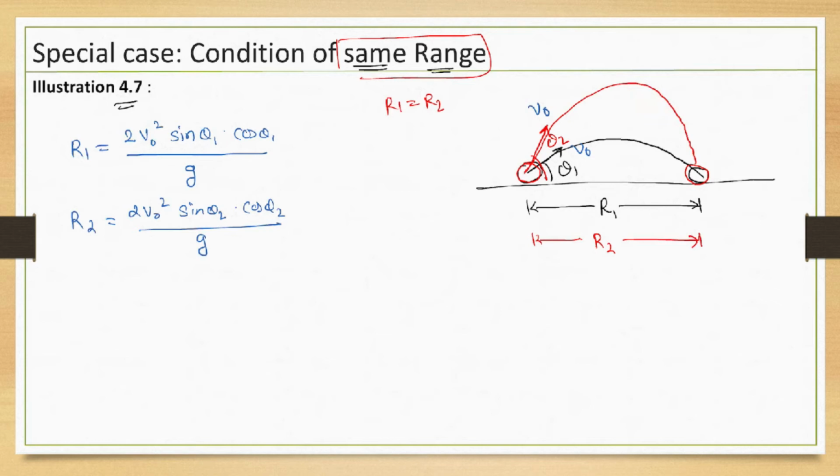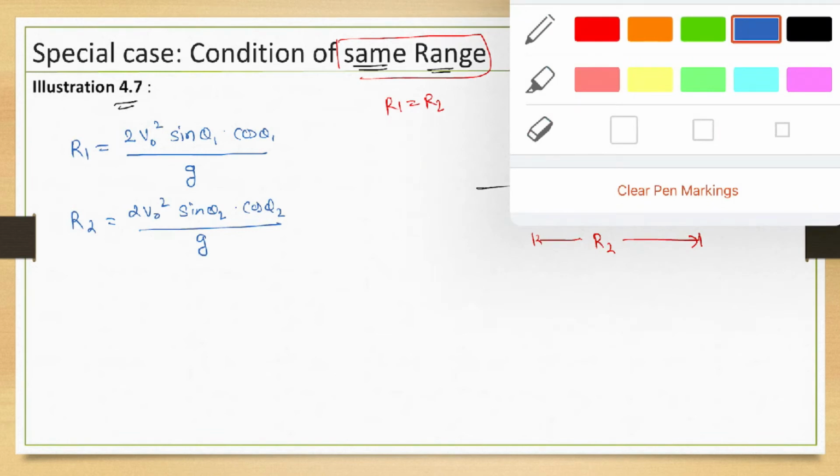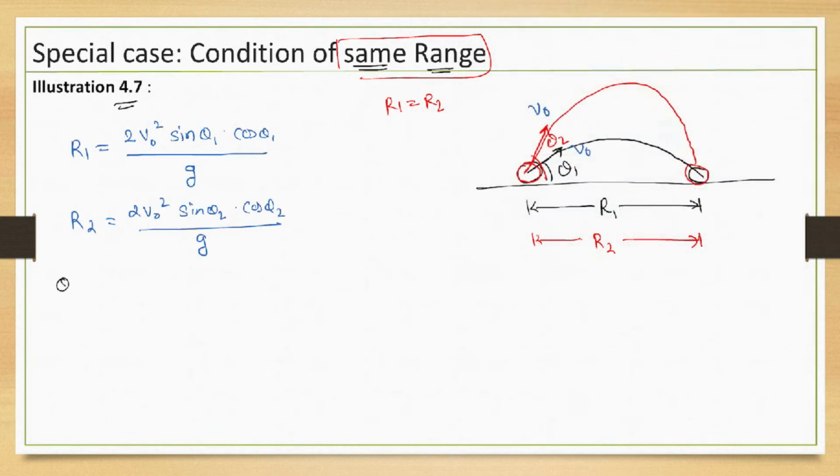This is R1 and R2. Now both are the same. If you consider this situation, let me take some specific values. Suppose theta 1 is equal to theta and theta 2 is equal to pi by 2 minus theta. That is a special case. Here theta 1 plus theta 2 is equal to pi by 2, and pi by 2 means 90 degrees.